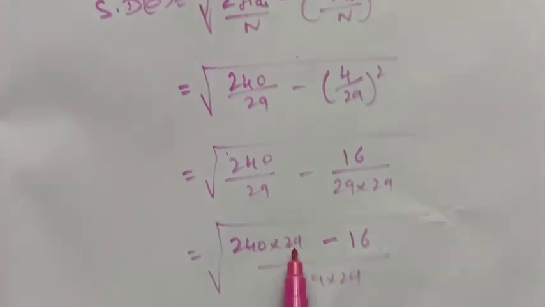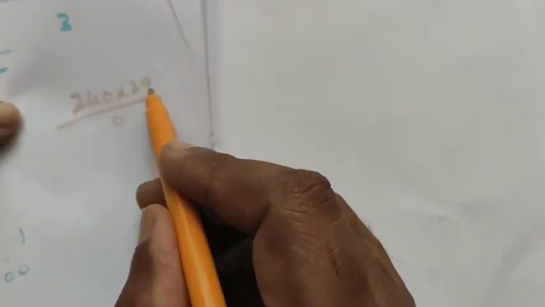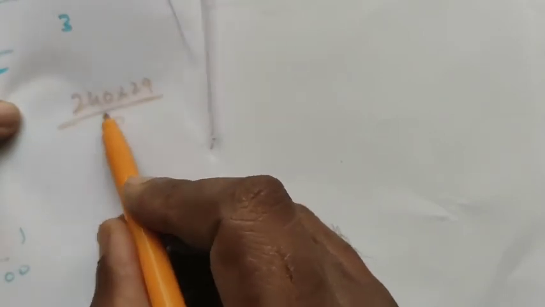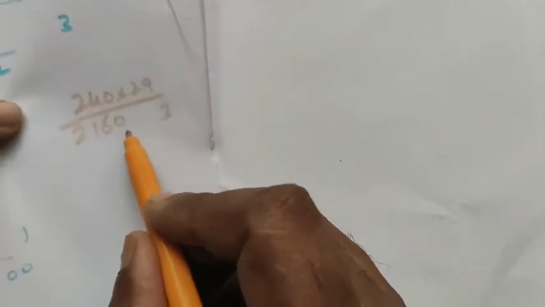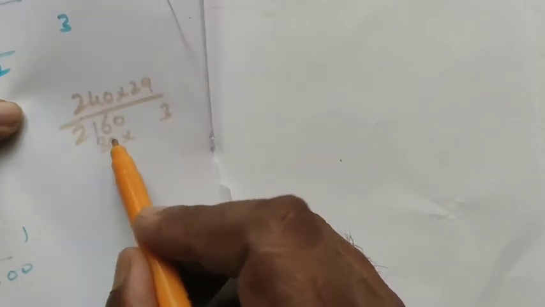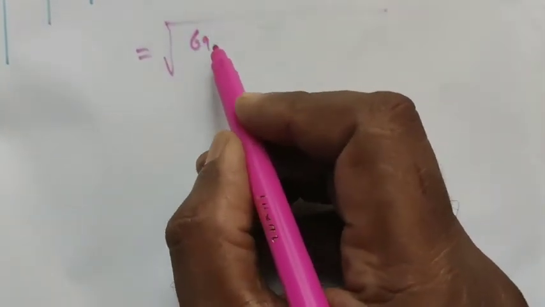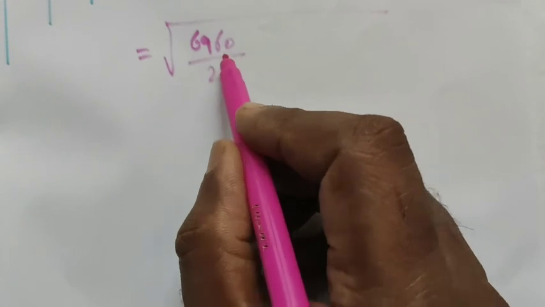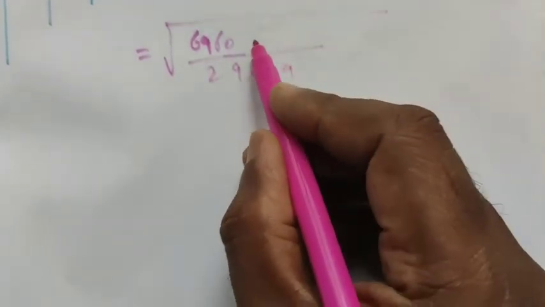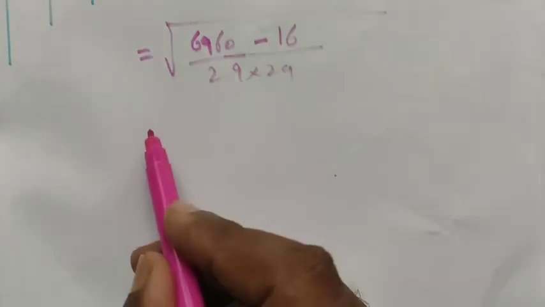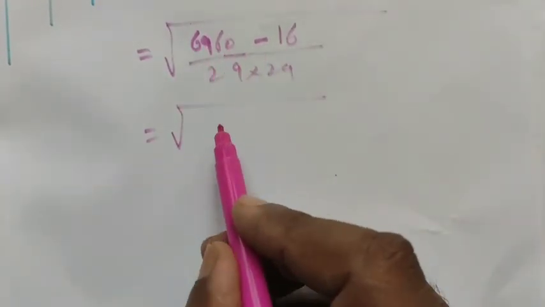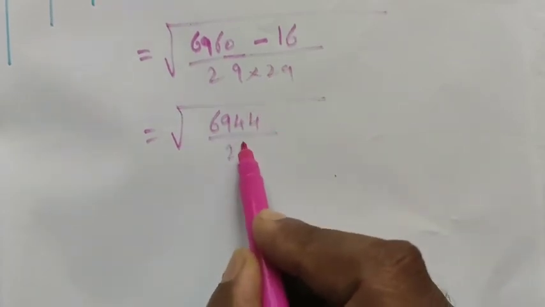Now multiply 240 into 29, and we get 6960. So we have 6960 divided by 29 into 29, minus 16. Now subtract: 6960 minus 16 is 6944, divided by 29 into 29.